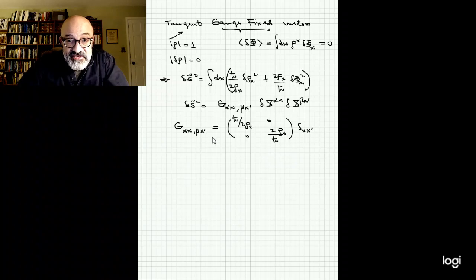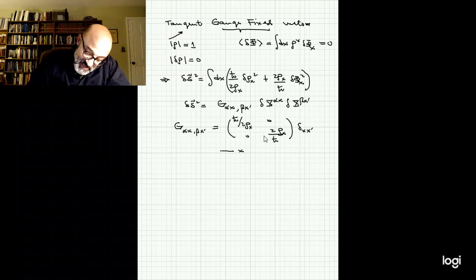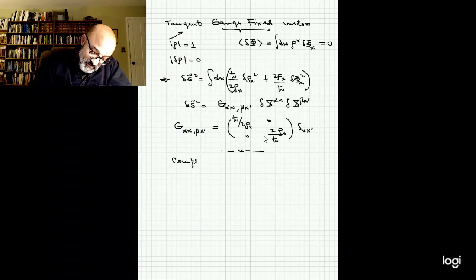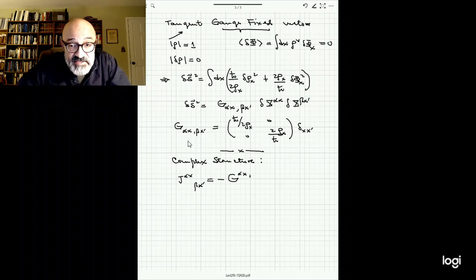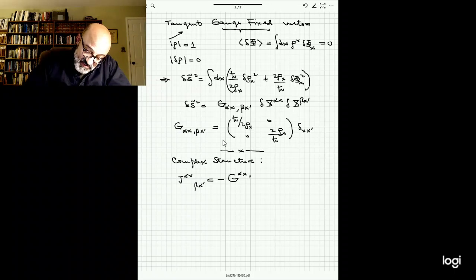But before we do that, in order to make this very useful, we're going to realize that just like in the finite case, now we can introduce a complex structure. The complex structure is going to be given by the following. We're going to invert the metric tensor, so that we can raise the indices.